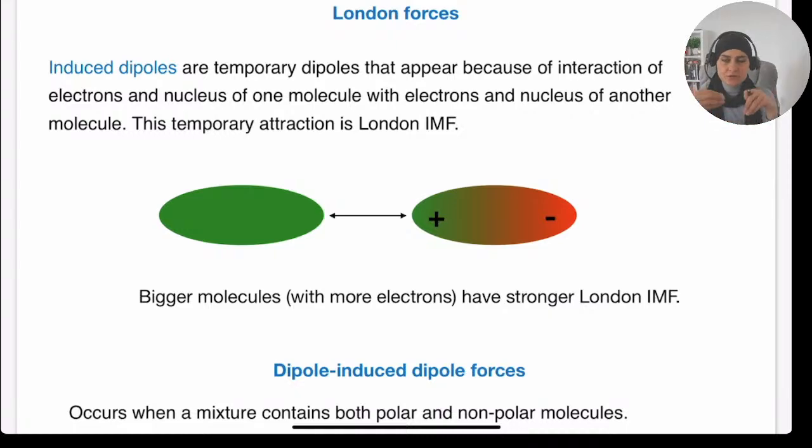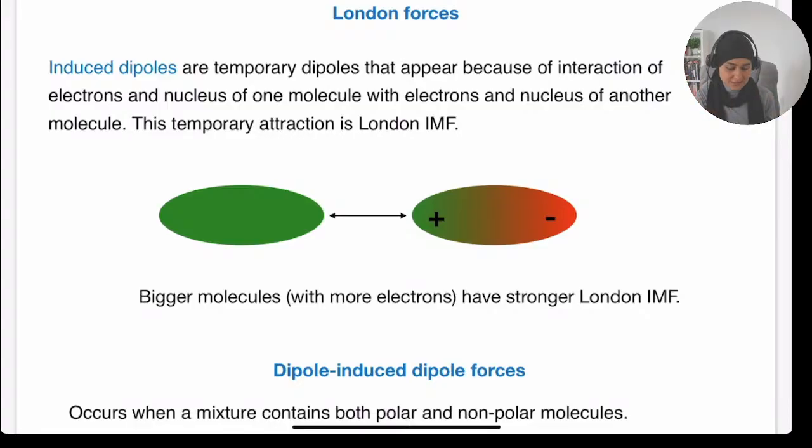And even in non-polar molecules, you can somehow accidentally form a dipole. Yeah, and that dipole is called a temporary dipole. So just because the electrons are moving all the time, it is possible that at some point of time you would have a temporary dipole with one part of the molecule being positively charged, the other one negatively charged, yeah, for some short period of time.